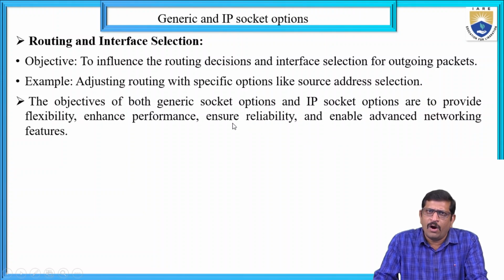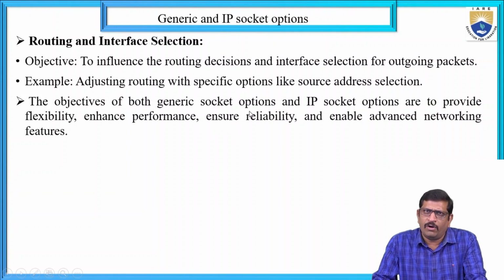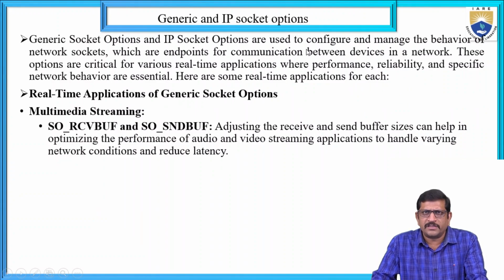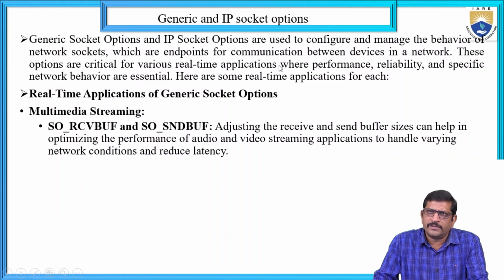So these are the objectives of generic socket options and IP socket options. Generally, these options are used to configure and manage the behavior of network sockets, which are endpoints for communication between two devices over the network.